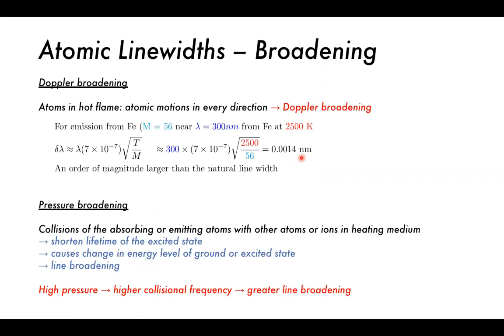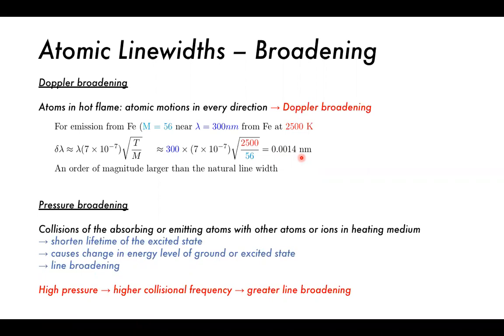But whenever we consider how narrow these lines actually are, it is reasonably large. And so this is an order of magnitude larger than the natural line width. So it has a big effect. It doesn't seem like it does. It seems really small. But because of the line-like nature of these peaks, it's a significant broadening.